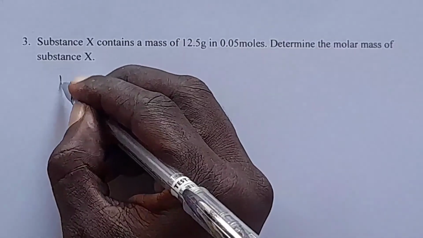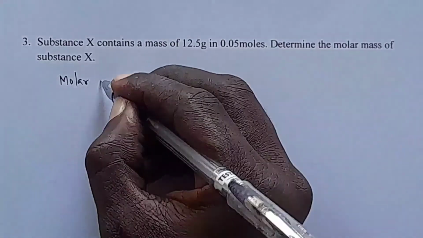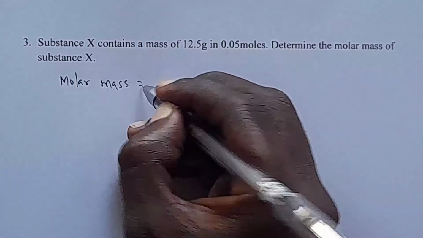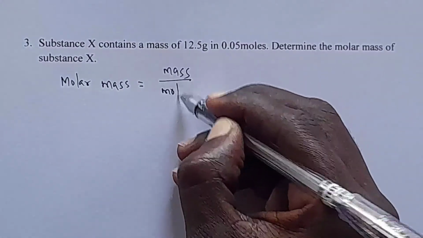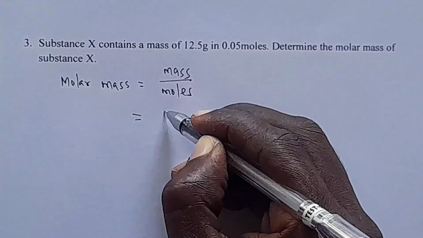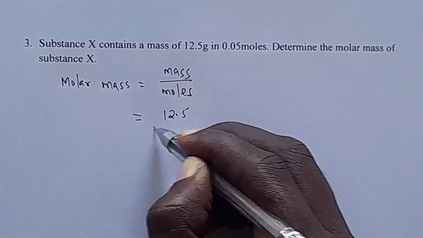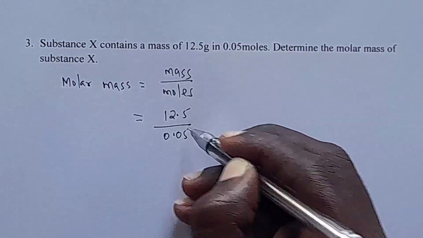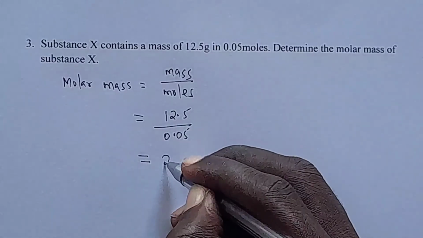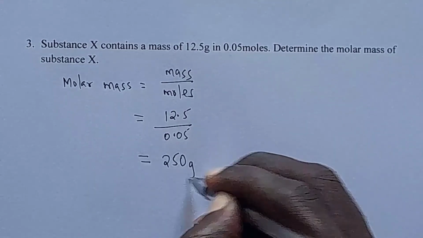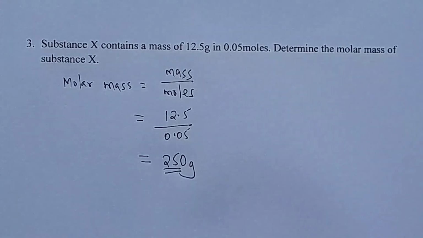So let me write the formula: molar mass can be given by mass over moles. So my mass is 12.5 divided by 0.05. What are we going to get? We are going to get 250 grams as our molar mass.